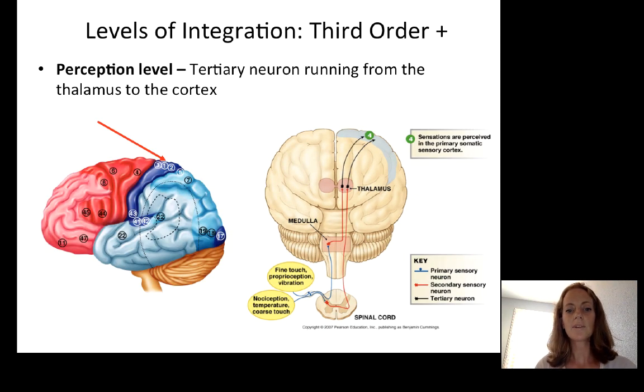Then those impulses will be transmitted to the higher regions of the brain, say from the thalamus and then up to the cortex. It's not until we get to the cortex of the brain that we have the actual conscious perception of the stimulus.